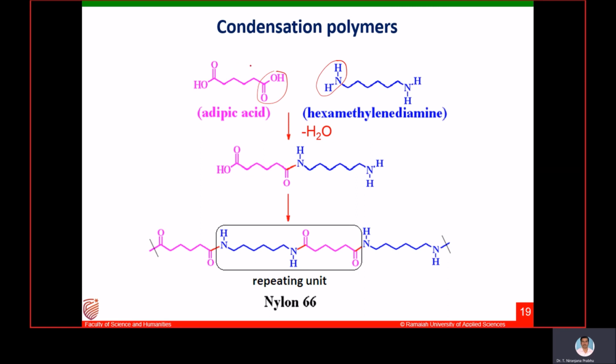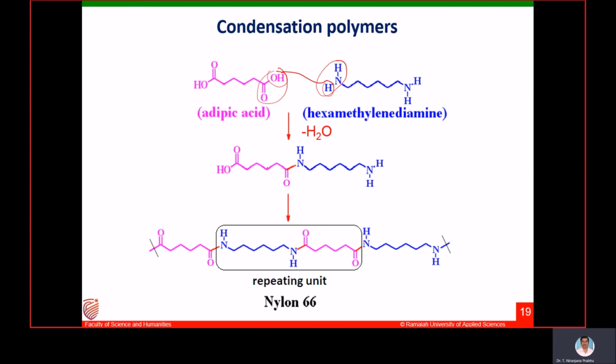So this is a bifunctional monomer, this is a bifunctional monomer. Okay, so when you heat these two, what happens? One H from here, one hydrogen from here, they will combine to give H2O. H2O is eliminated from the reaction, and these two will combine to form one monomer of a lengthier unit.